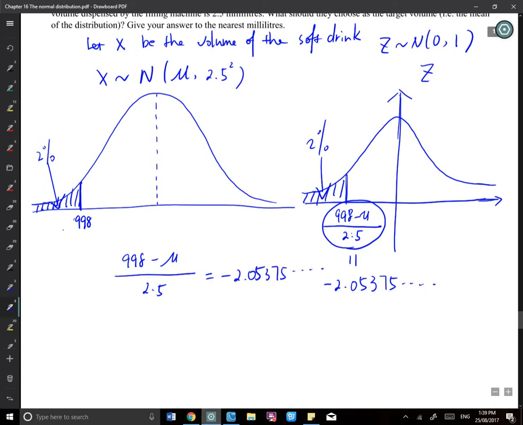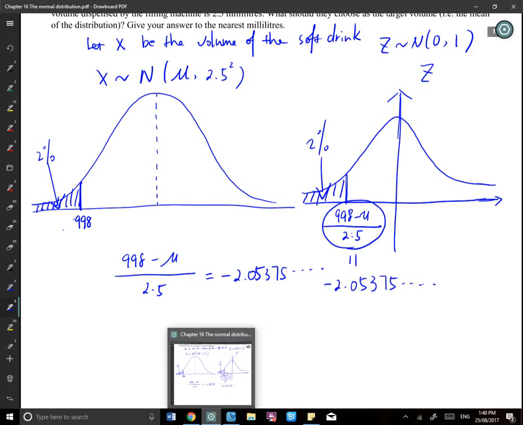They must be equivalent, because that is the value you plot to Z normal, and if you want 2%, it must be negative 2.05. If they're equivalent, I can solve for mu here.